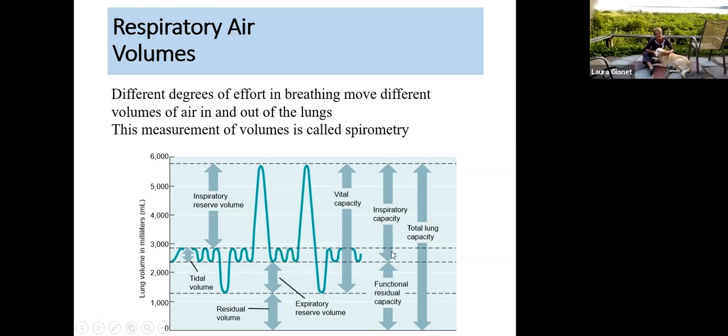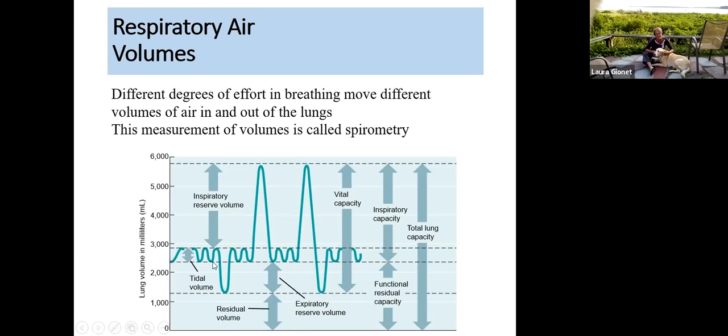Not necessarily the capacities, with the exception of maybe total lung capacity, maybe vital capacity in the online classes. An average adult is generally somewhere between about 5,000 to 6,000 milliliters of air that can be accommodated in the lungs. That's the maximum. But we don't use all that on a regular basis.